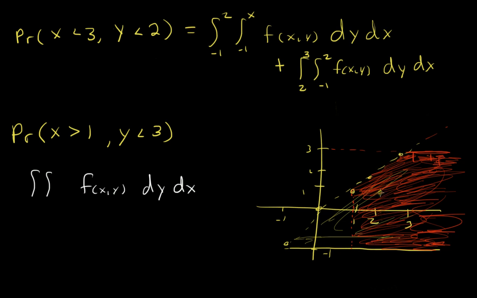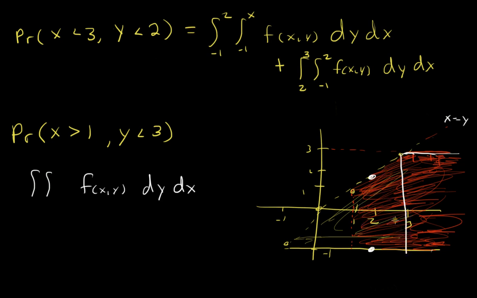If I go with y first, moving in this direction, I go from -1 all the way until I get to x. Remember, this is x equals y. So -1 all the way up until I get to x. But again, that relationship breaks here, and I don't go from -1 all the way up to x once I get here. So I'm going to split this into 2 different pieces as well.